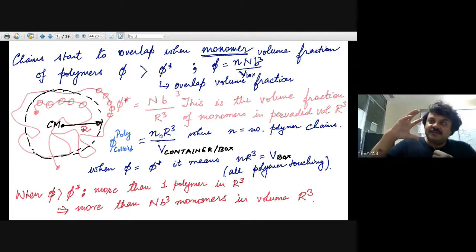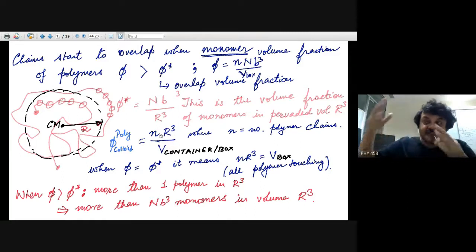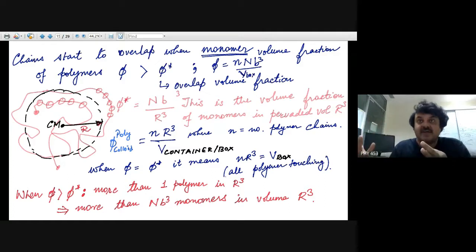Of course, within a polymer conformation there's a lot of space. It's not like a colloid, which is a dense object, right? Inside that there's no solution, but within a polymer there can be a lot of solution.